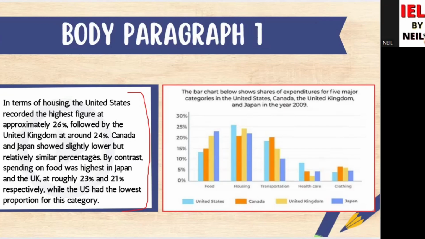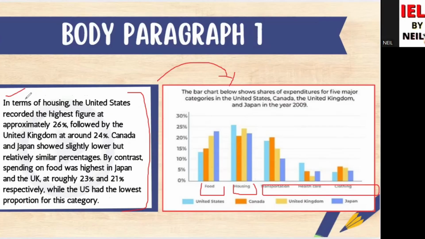Now, as we can see here, we are mainly talking about housing and food. So we have talked about the first two categories, and in the second body, we'll talk about these three categories. So let's have a look at what we have done.